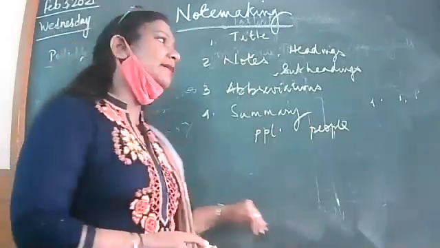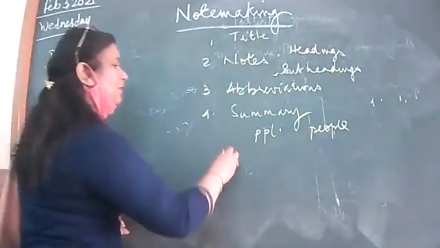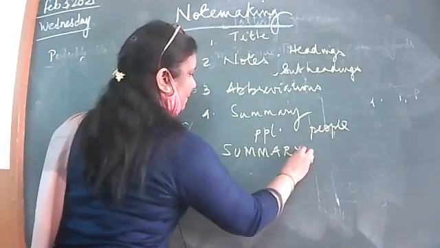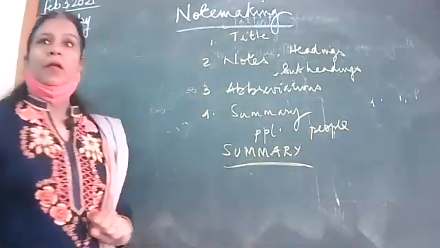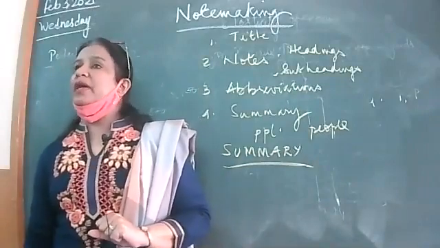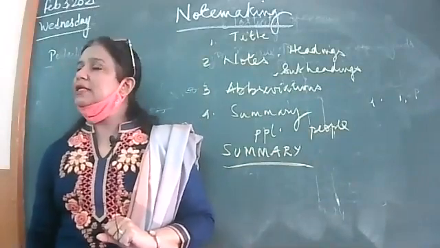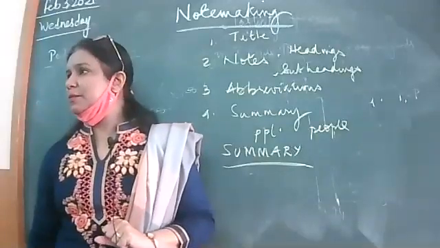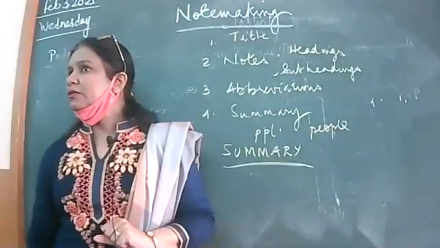Now, after we write the abbreviations, we have to write the summary. So what is the summary? The whole passage is given. We will just write what this passage is about in 80 words. Right?